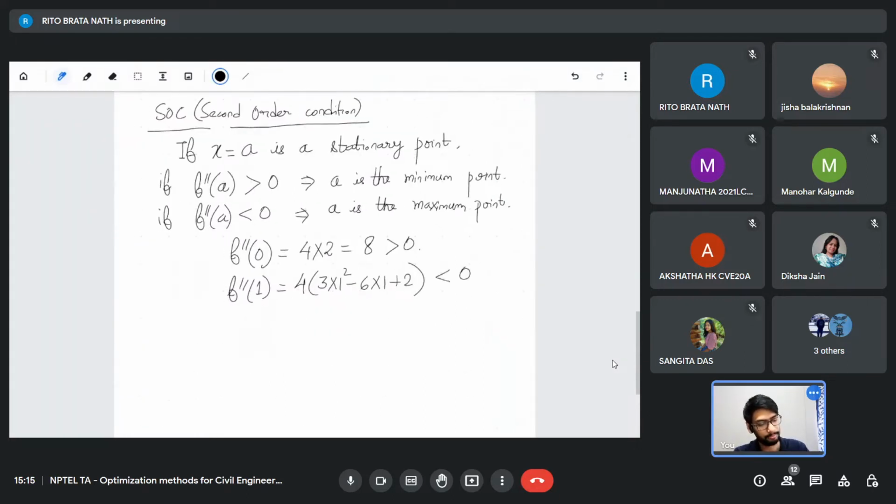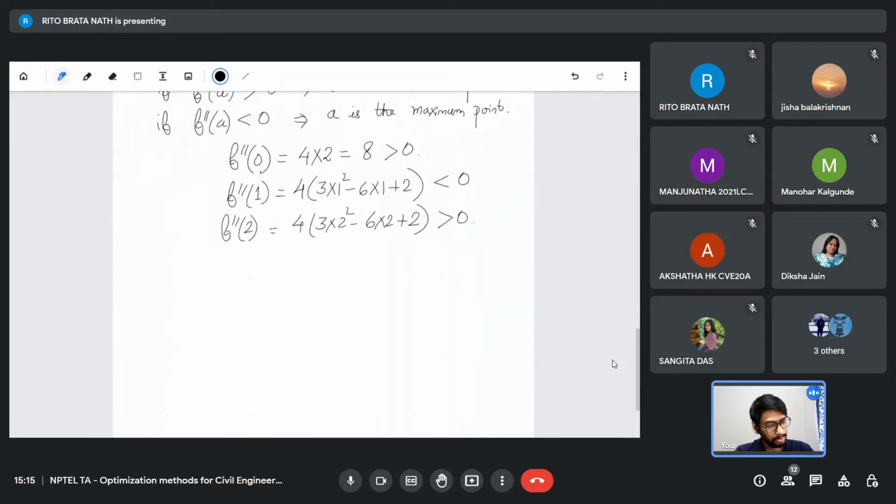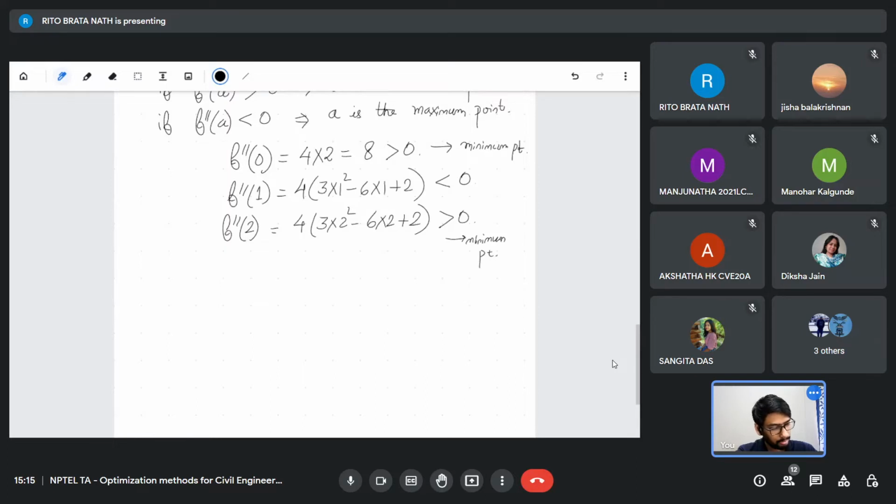So this is negative. For 2, this is again 4 times (12 minus 12 plus 2), that cancels out, and this is greater than 0. From this, we can tell that 0 is a minimum point, 2 is another minimum point, and 1 is a maximum point.